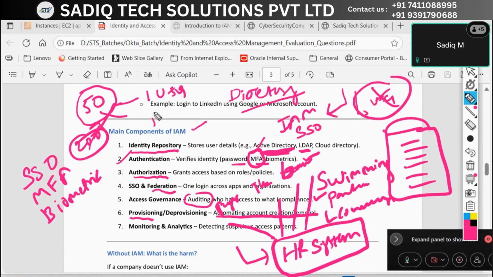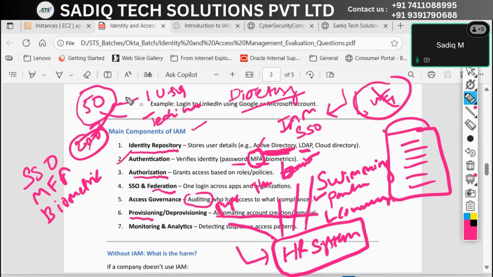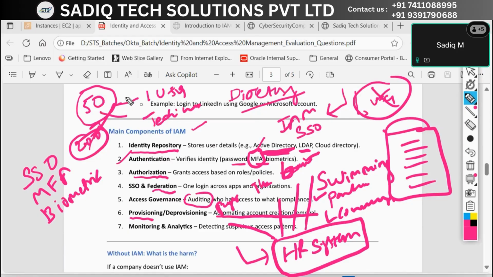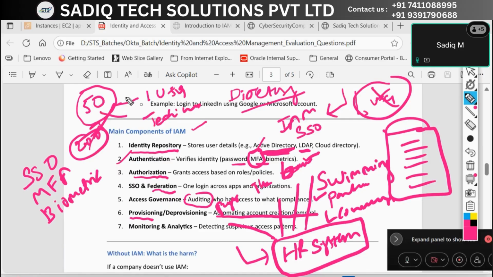Each application has, let us assume, a set of credentials, and all the credentials and accounts have to be removed. That is a tedious task, agree or not? That's the problem solved by IAM. So user provisioning and deprovisioning is the sixth component.